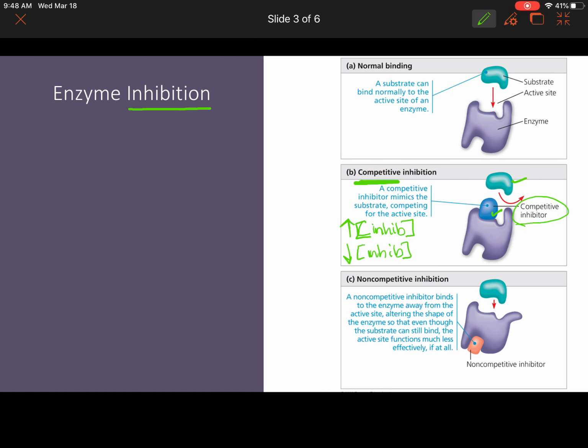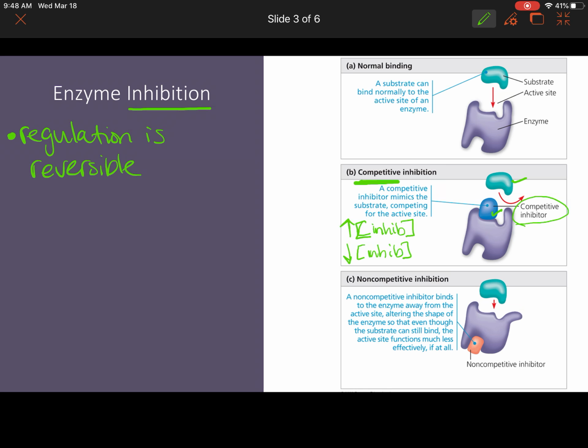The other important thing to know about enzyme regulation under normal circumstances in cells is that regulation is reversible. So in other words, the inhibitors don't bind to the enzymes and stay on them forever.